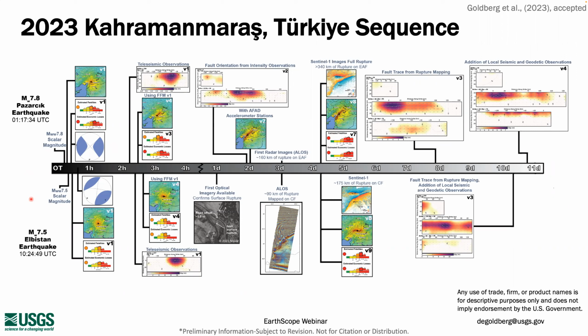When you have a very big event that occurred earlier, those waves are still bouncing around the Earth, so it's hard to get a stable solution that only includes source information from the earthquake you're trying to model. But other than that, we had some similarity across the timeline for when products got updated.